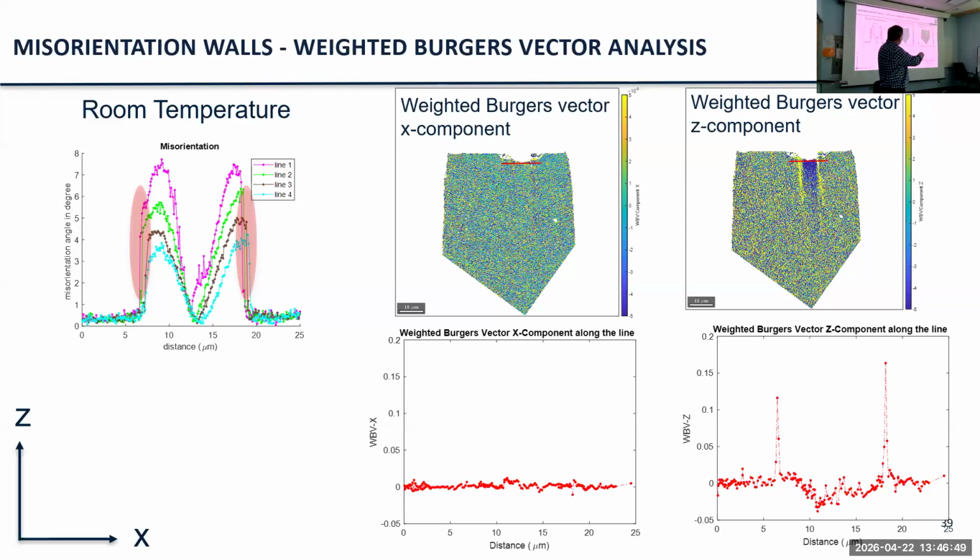But what is worth focusing on is in these walls here, which are yellow, you see big spikes. The way to interpret this is that in these spikes, you have components that are in the c-axis. That was the problem if we go right back to the beginning: how does it deform in the c-axis?